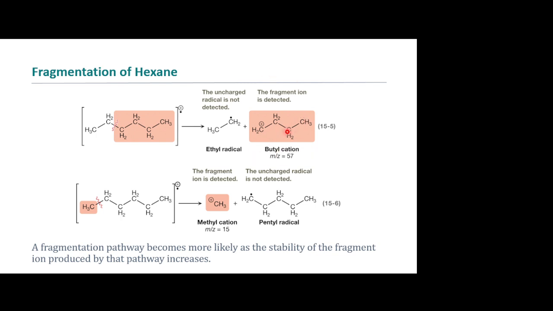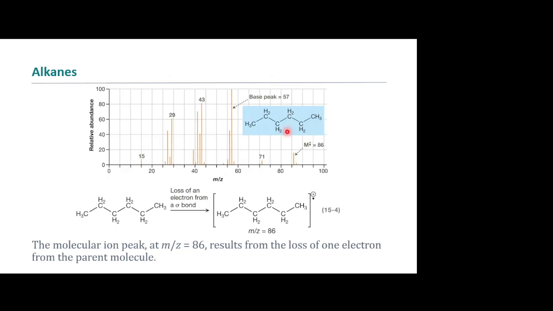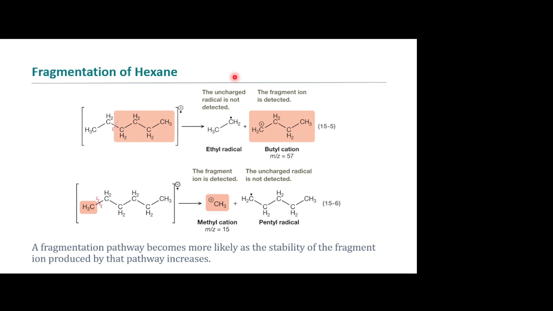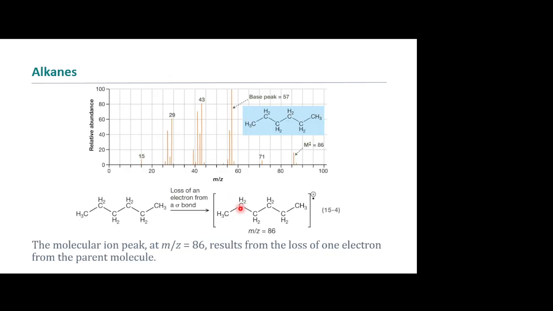Okay, so this right here would be the butyl cation. It's 57. Notice what it matches up to. Yeah. And so that's actually the most stable one. That's the one that's likely to form the easiest. Okay, so this right here would be your methyl ion. This would match up to 15.